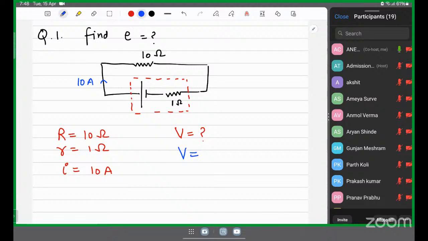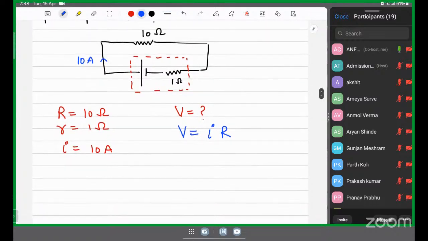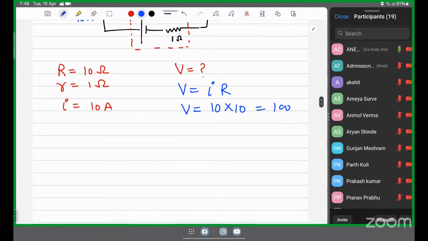Since the complete circuit is in series combination, so we can apply V equals to IR. I will be same for all components of the circuit because it is in series. So V is equals to I is 10 ampere, R is 10 ohm, V will be 100 volt. So terminal potential is 100 volt.